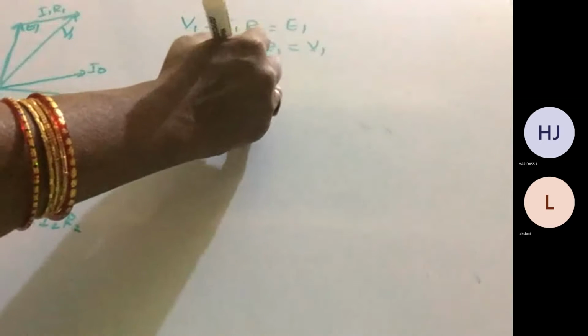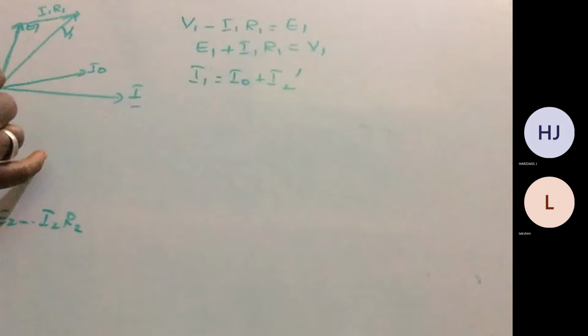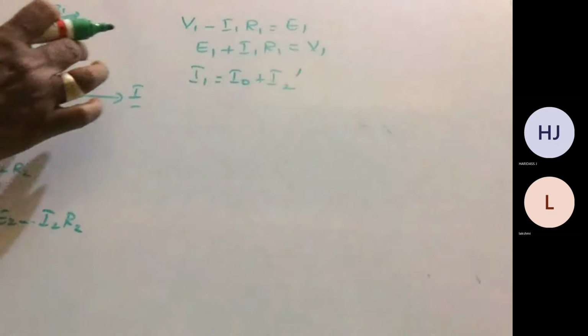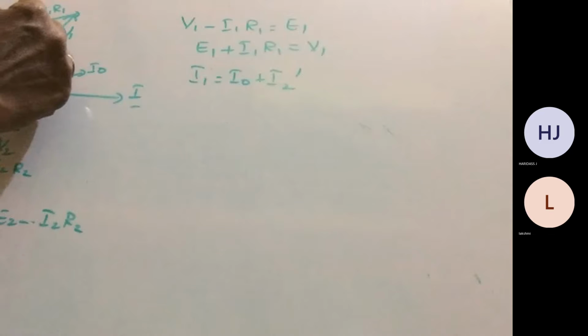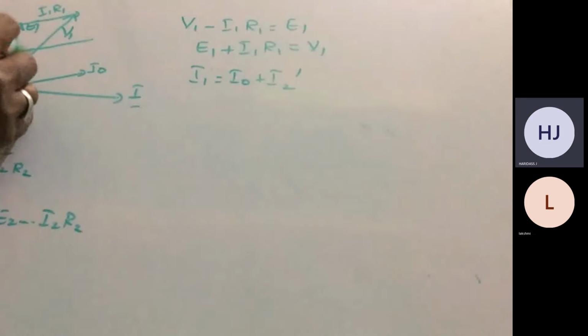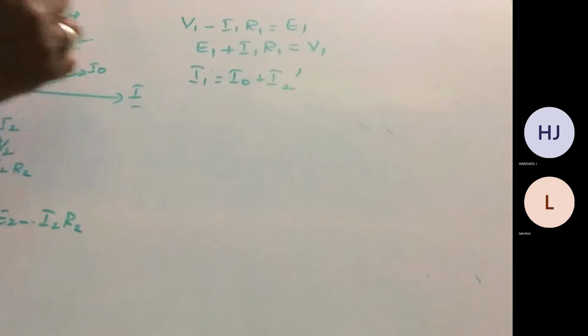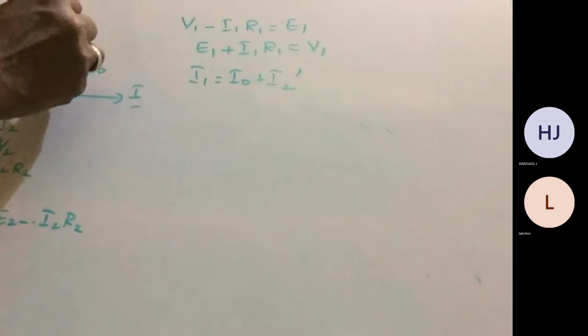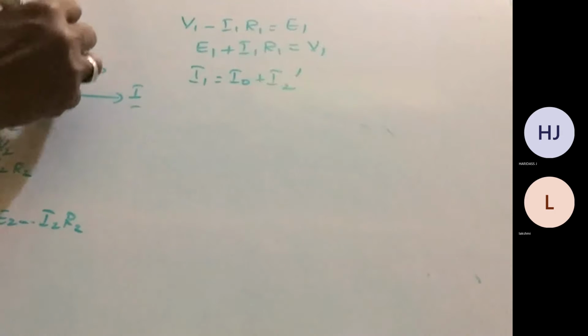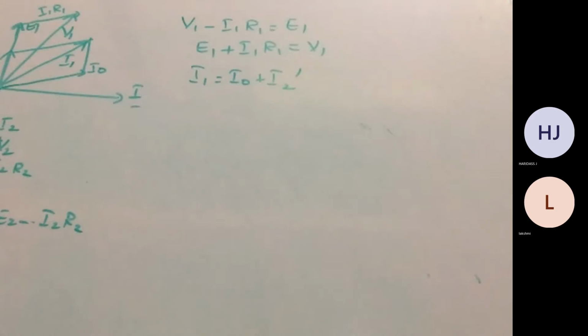I1 equals I0 plus I2 dash. For that you have to project I2 towards the primary side, I2 dash. Then draw the parallelogram, from 0 to I0 and from I2 dash, with the magnitude from 0 to I2 dash from I0 onwards. So you have to join these two and you can get I1. Is it clear?